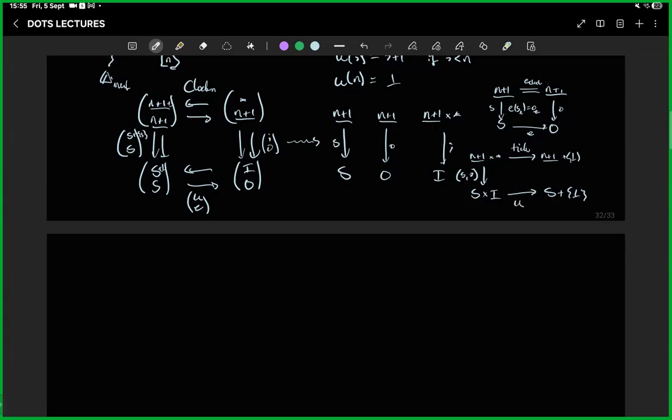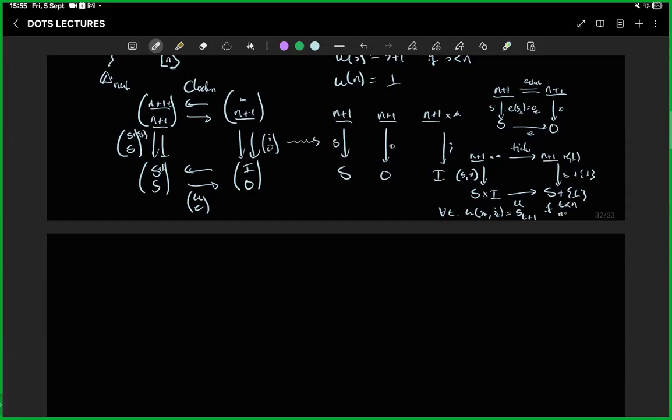And here is U. This equation says that for all t, U of S of t, I of t is equal to S of t plus 1, if t is less than n.